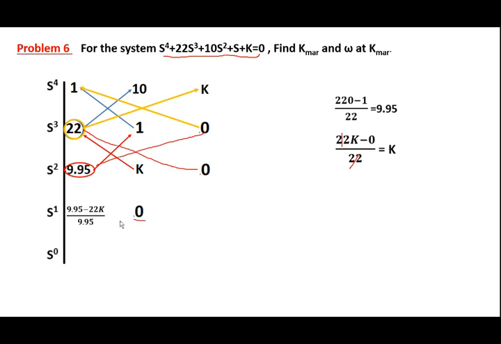Then you need to find out the last element. This parameter into k minus 0 divided by the same parameter gives k itself.